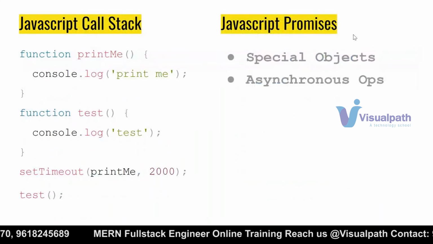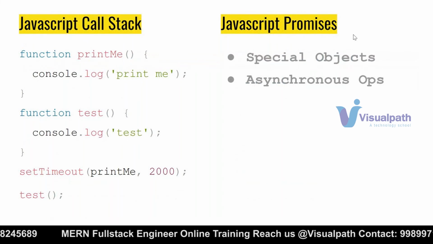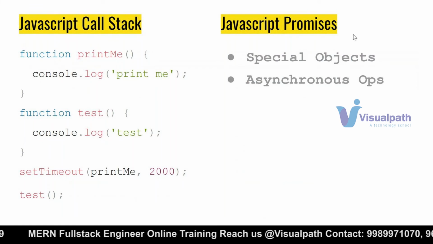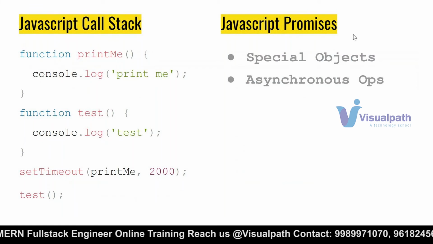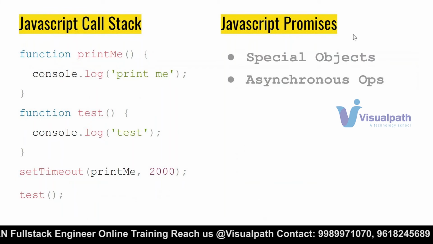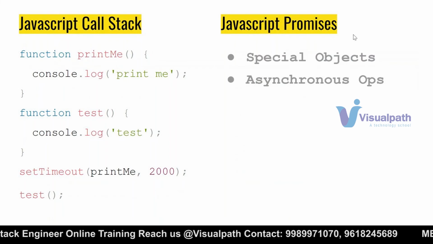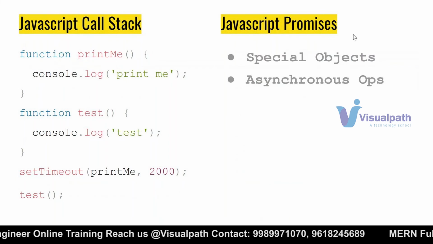Okay, and these are some of the core features. JavaScript has a call stack, which is non-blocking in nature, and that is the reason it supports asynchronous operations, and JavaScript has promises. Therefore, these are some of the core features of JavaScript which make it popular for use in Node.js as well.